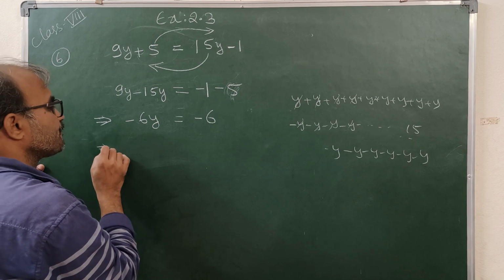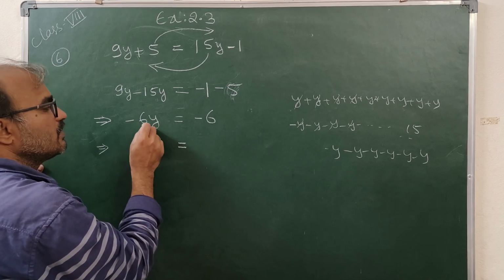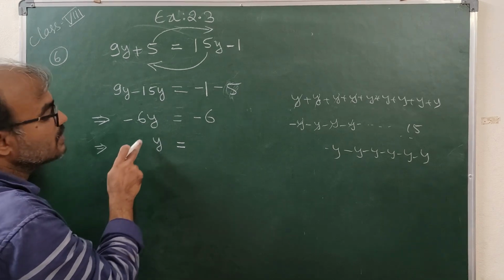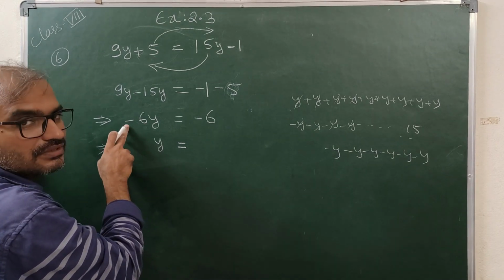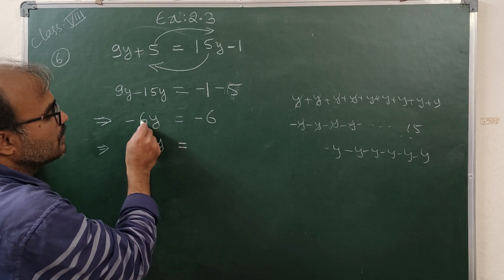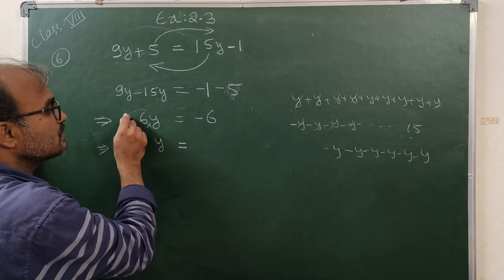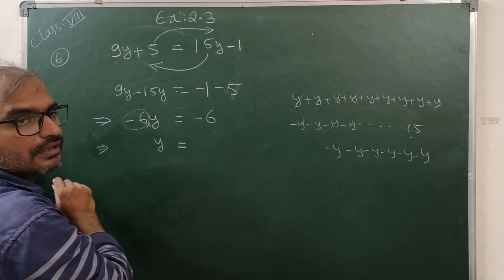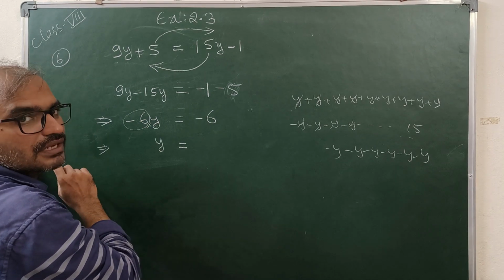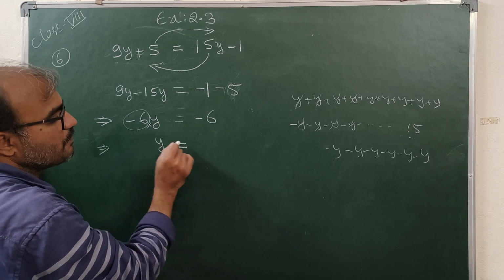Now next, we need the value of y. Along with y there is minus 6. Don't consider this as plus; as I said, don't write plus. Here the operation is multiplication, y into minus 6, minus 6 times y, isn't it? So it is minus 6 times y.